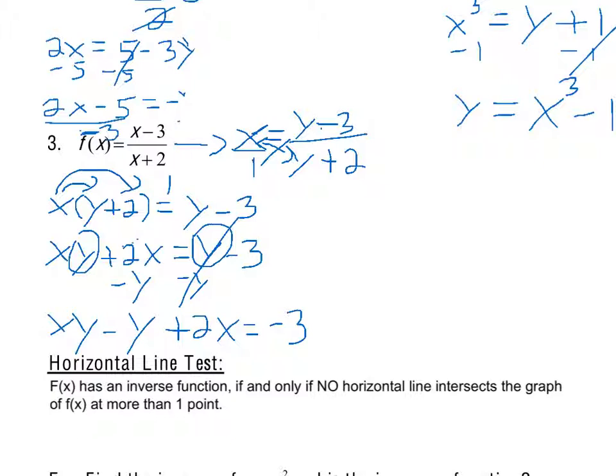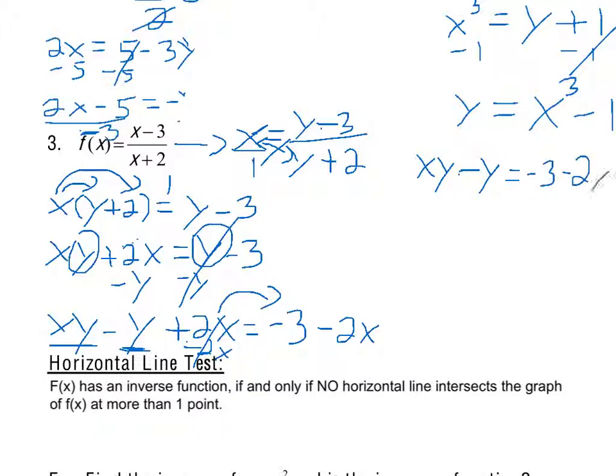All right, I want to move this 2x over so that I just have these two terms of y's by itself. So we're going to subtract 2x. It cancels. Subtract 2x. So then we have xy minus y equals that negative 3 minus 2x.